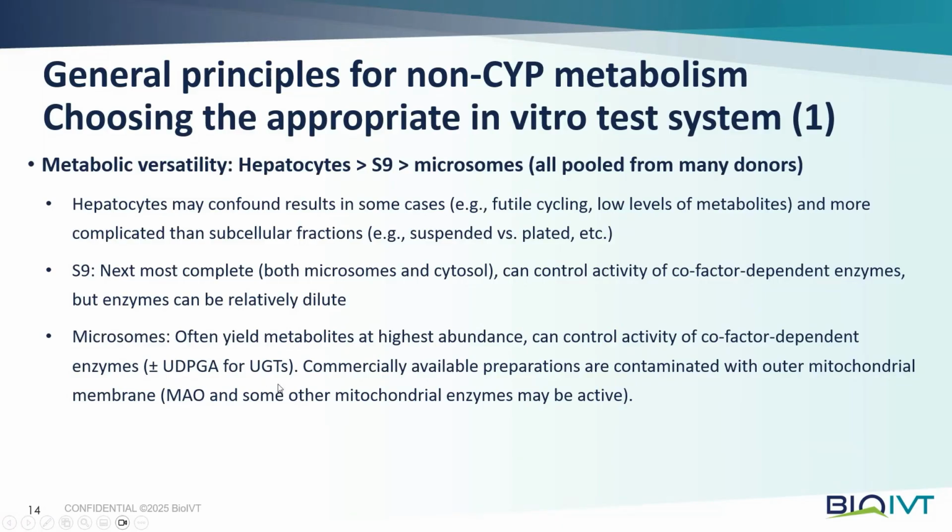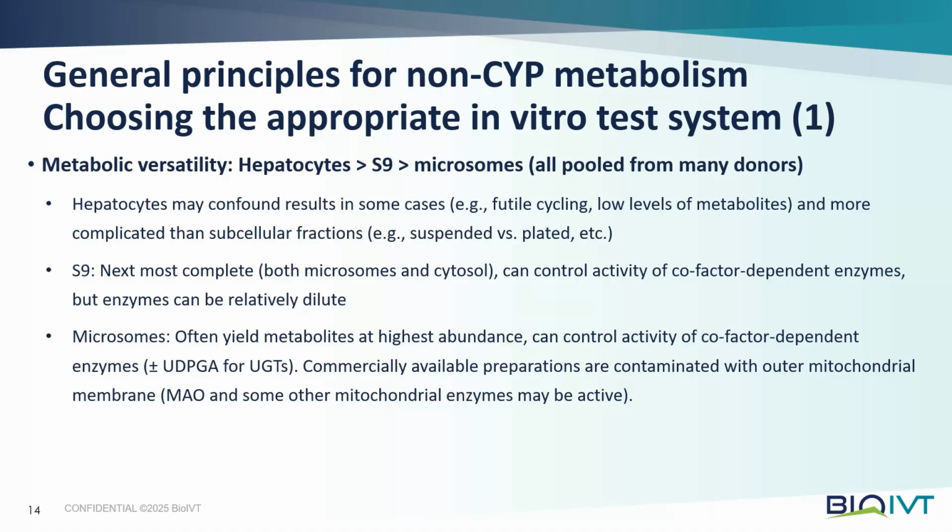And for microsomes, they often yield metabolites at the highest abundance. You have the highest concentration of the endoplasmic reticulum enzymes. You can control the activity of any cofactor-dependent enzymes, so UDPGA for the UGTs. And in commercially available preparations, I should mention that you think you're focusing only on the endoplasmic reticulum, but unless you use fresh liver to make your microsomes, which is pretty rare, most liver samples are frozen immediately and then made into microsomes later.